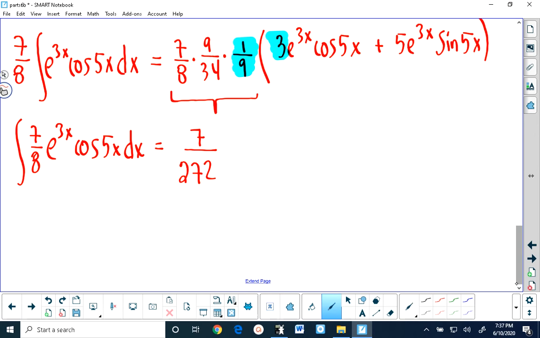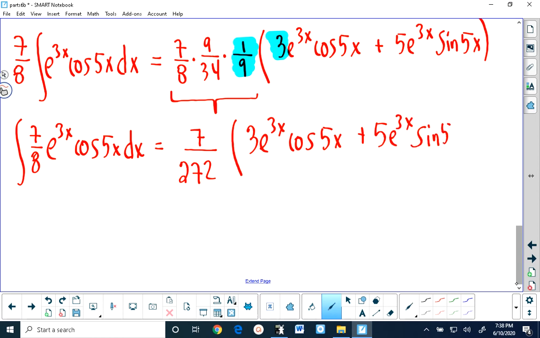Yep, that's right. And then we have 3 e to the 3x cosine 5x plus 5 e to the 3x sine 5x plus a constant. You would hate to lose half a mark here at the very end because you forgot to put plus c. So that is the answer.